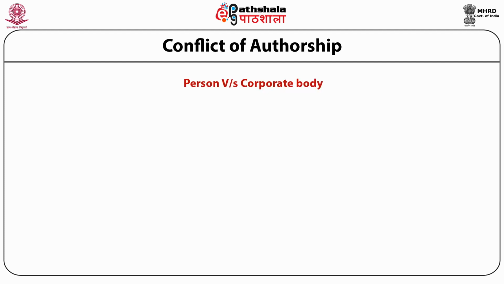Person versus corporate body. The work in the document is of personal authorship if its primary function is the extension of the boundary of a field of knowledge or its intensification, and the responsibility for the thought and expression of it rests on the person and not on the office held by him in the corporate body, in spite of his being a paid or honorary employee or a member of the corporate body.